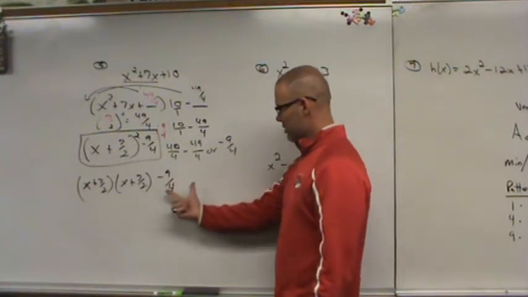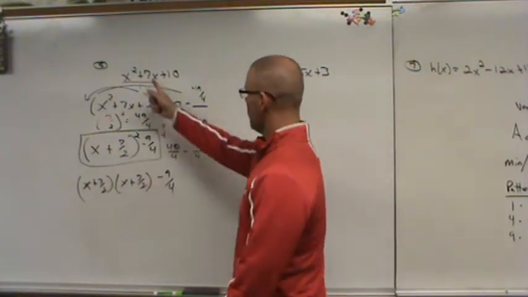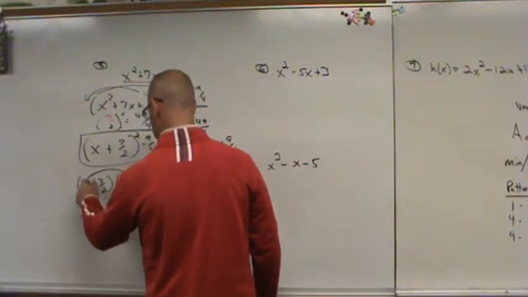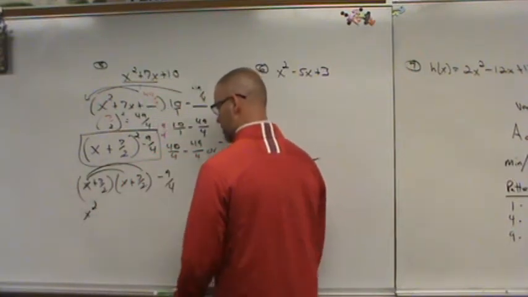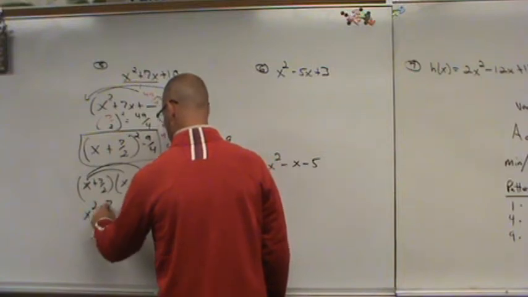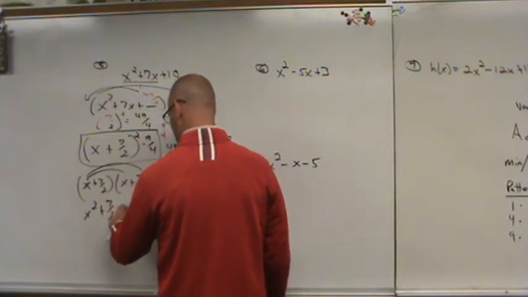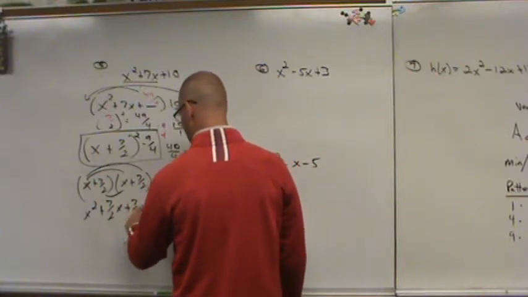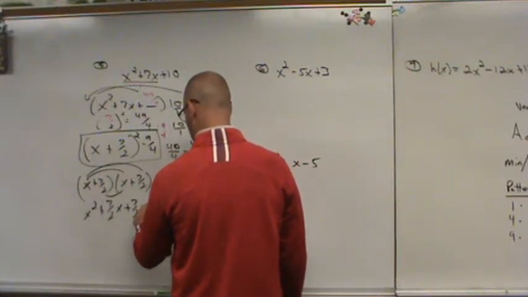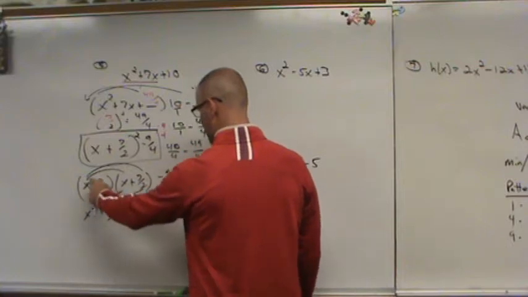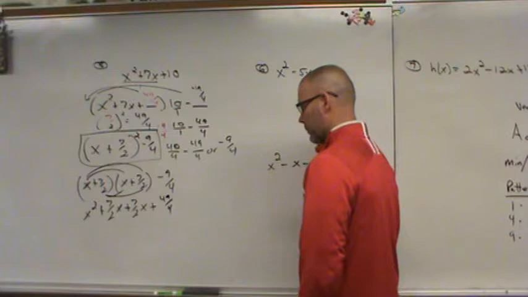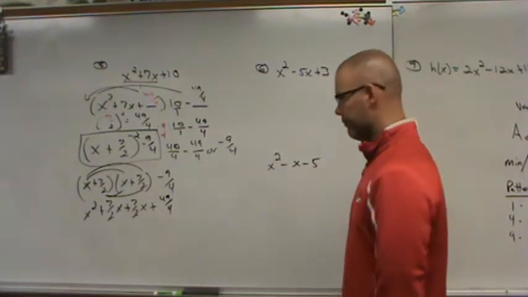The middle two will turn into 7, and everything should be great. x times x is x squared. 7 halves times x is plus 7 halves x, twice. And then we multiply the last two: 7 halves times 7 halves is 49 over 4.